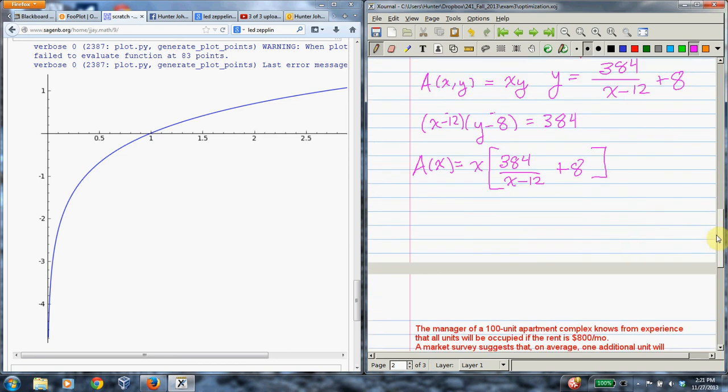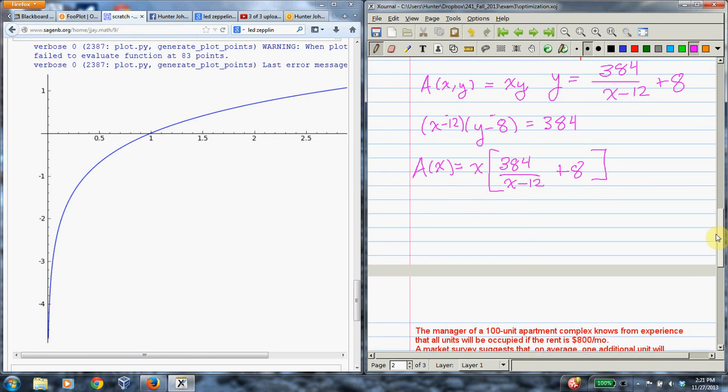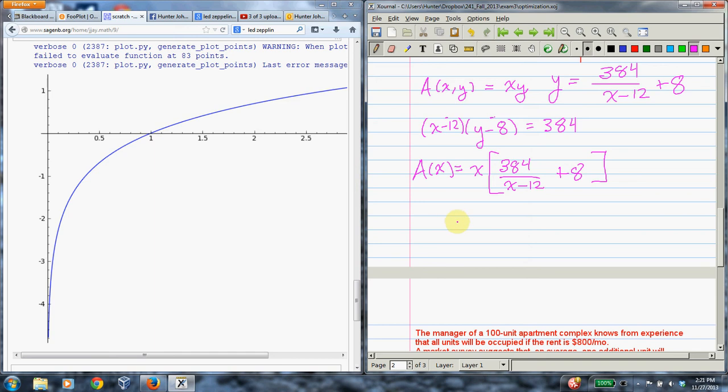All right, and I guess I should multiply that in. Yeah, I'm just dreading doing this algebra. But I don't see any way to get around it, so let's just do it. So this is 384x over x minus 12 plus 8x.